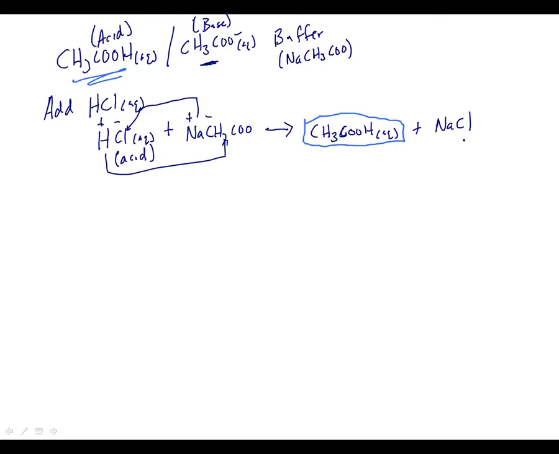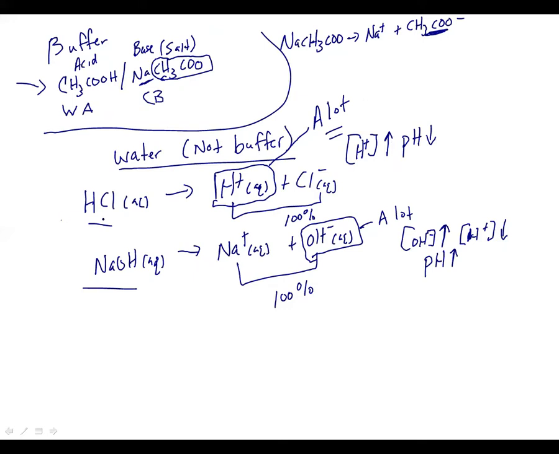Something like sodium chloride, which is over here, will have no effect on the pH. It is what is referred to as a neutral salt, which essentially means it'll have absolutely no effect on that pH. The most important thing that we do not see here that we do see when we added the acid to water is that when we added acid to water, we produced a lot of free H plus.